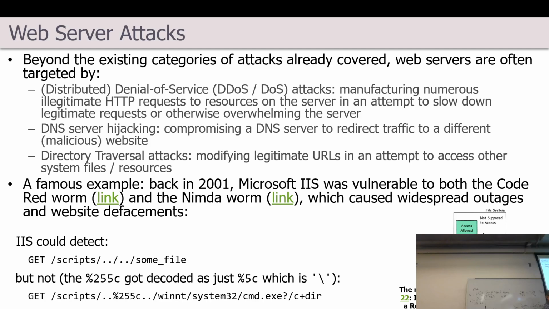It says go up a directory, go up another directory, now grab that file. IIS, even in its version 3.0 incarnation, could detect that was happening. That was not supposed to be allowed. We want people to be allowed to access scripts and whatever JavaScript is located here. We don't want them to go up an arbitrary number of directories. Again, ultimately, this web server is running on a machine.